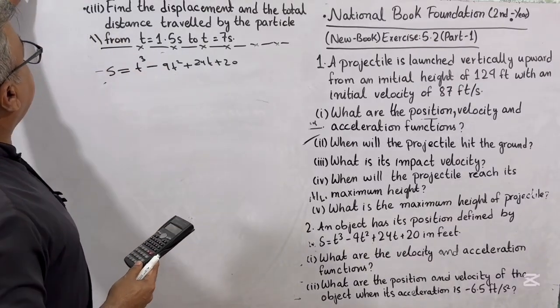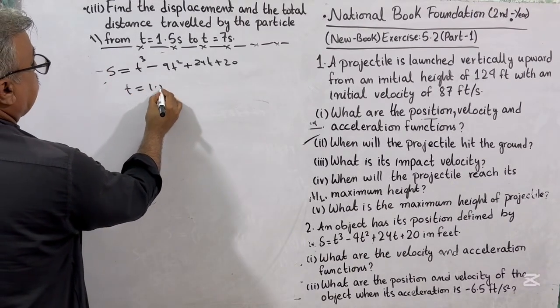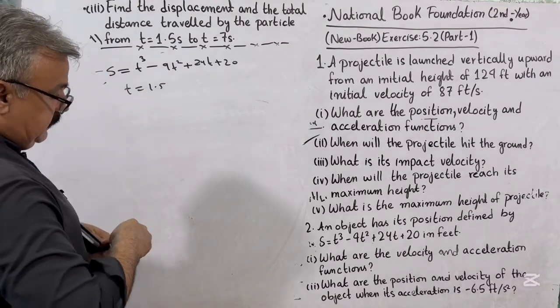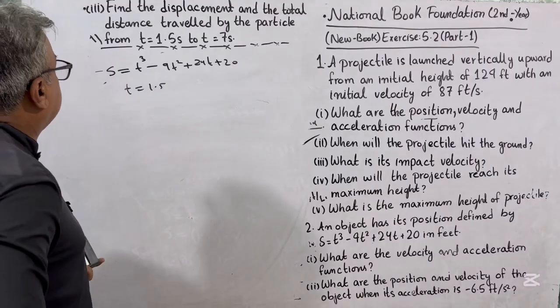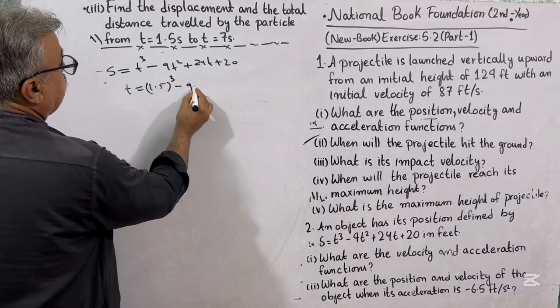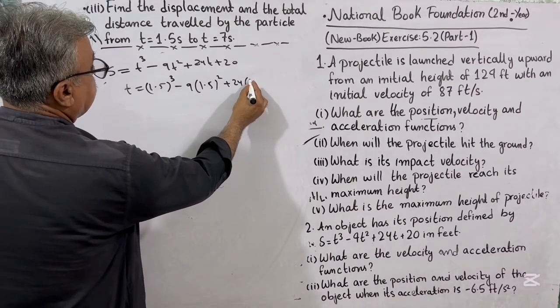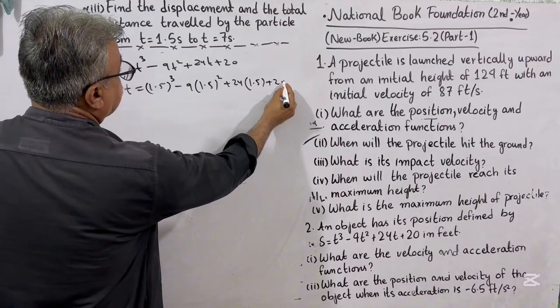Put t is equal to 1.5: 1.5 cube minus 9 times 1.5 square plus 24 times 1.5 plus 20.